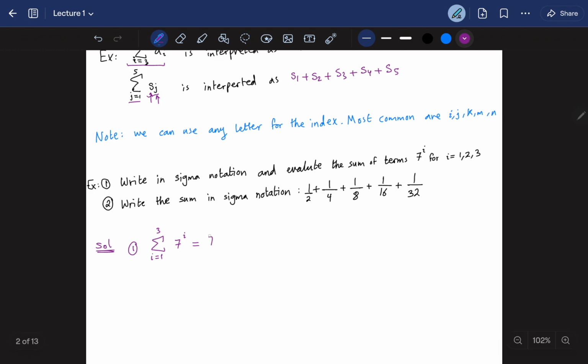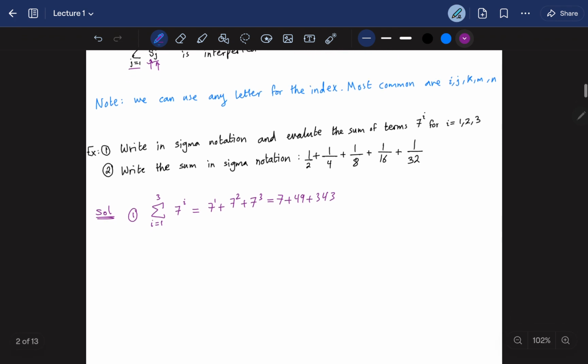I'll start with 7 to the 1, then I add 7 to the 2 plus 7 to the 3. And now when you evaluate all of that, you're just going to get 7 plus 49 plus 343, and you just add them up.